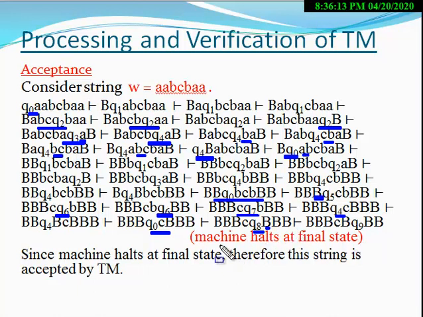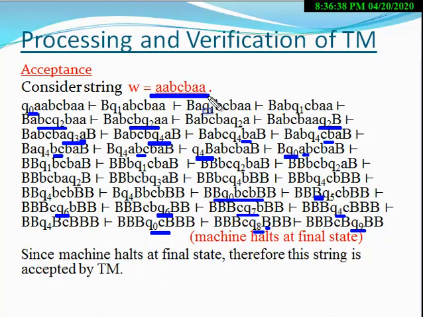So this is the final state Q9. Clearly there is no transition rule defined at the final state, therefore the machine halts at the final state. Since the machine halts at the final state, this string is accepted. So this is the acceptance part.